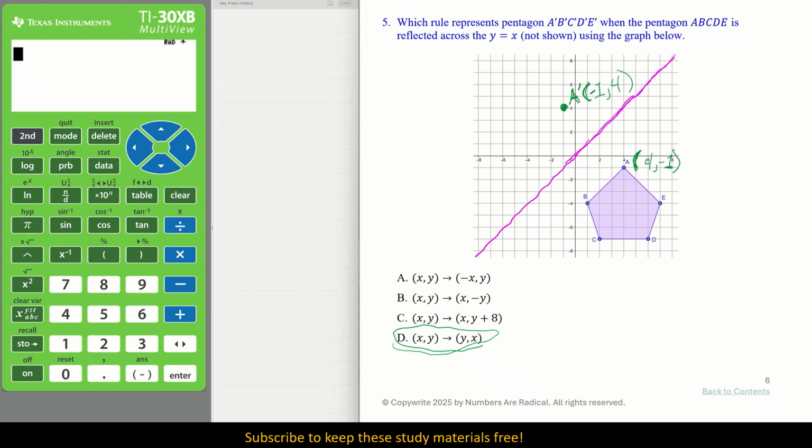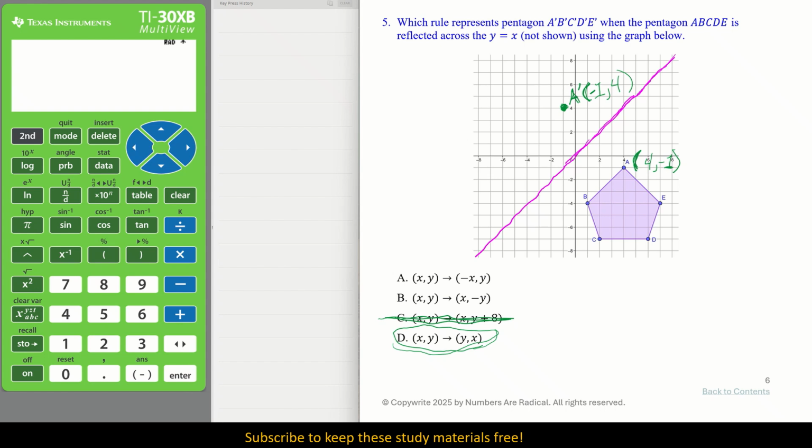Now, if you need more proof for yourself, work with every single point, A, B, C, D, and E, and then see what happens to the actual coordinates when you plot that. Now here's one other point I want to make. Look at C. We are reflecting. C implies a type of translated situation, so that won't work.